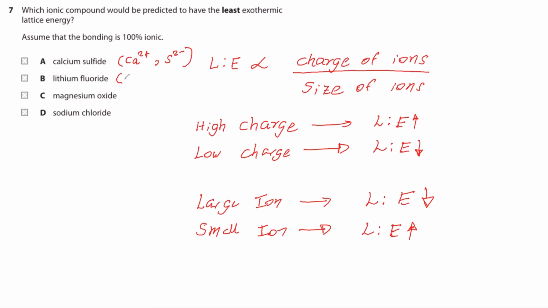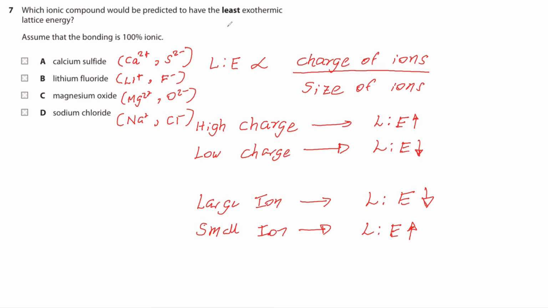Lithium fluoride, we have lithium plus ion and F minus ion. Magnesium oxide, we have Mg2 plus ion and O2 minus ion. Sodium chloride, we have Na plus ion and Cl minus ion.